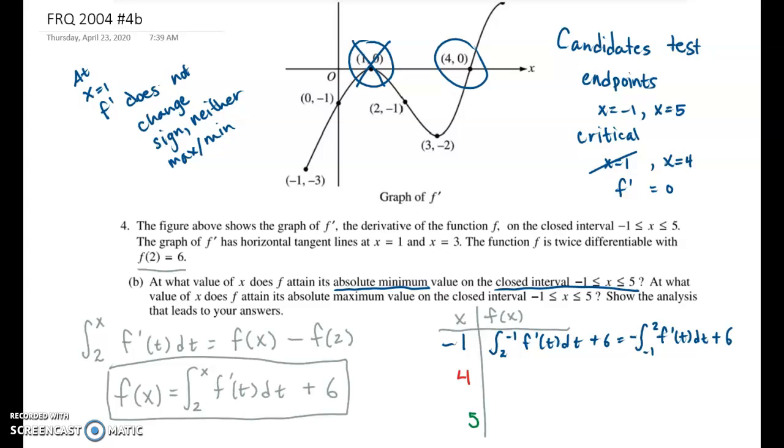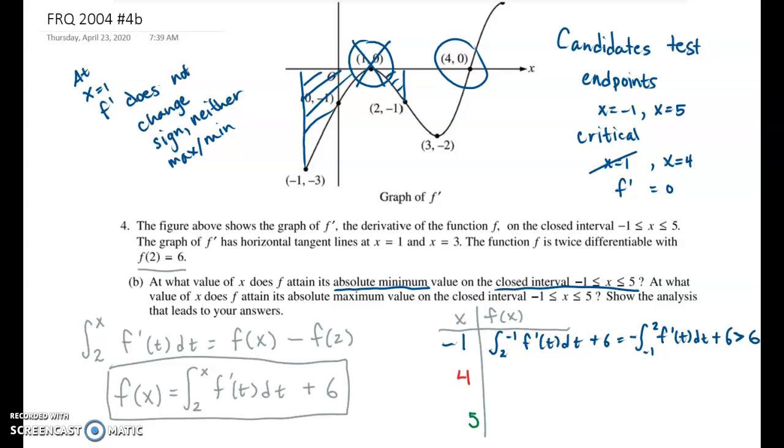And from -1 to 2, if I look at that on the graph, all of my area is below the x-axis. So this integral would be negative, but I'm going to change the sign on it. So I know that the value of this would be bigger than 6. It's going to be probably quite a bit bigger than 6 because this area is all below the x-axis, but we're going to change the sign on it and then add 6. So we're going to have a number that's bigger than 6.